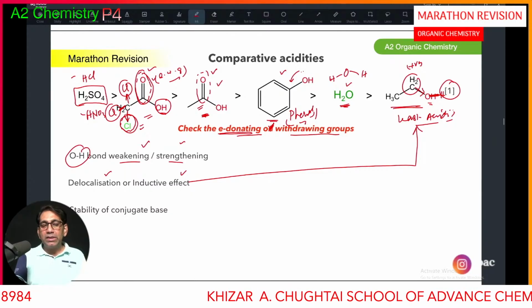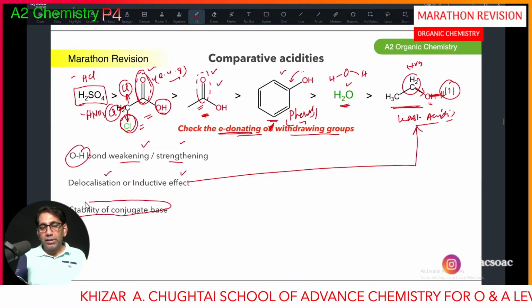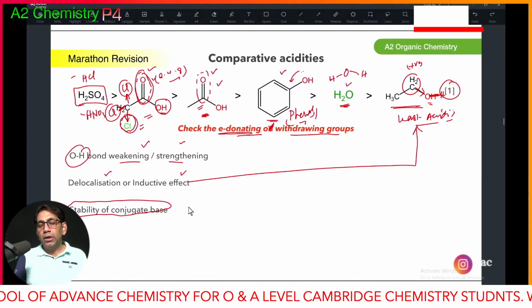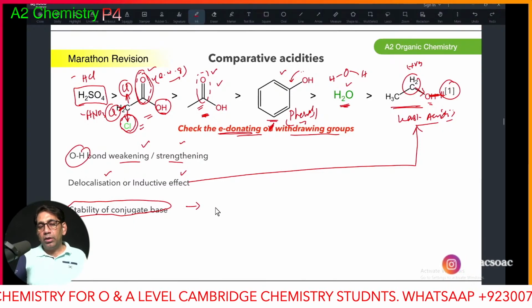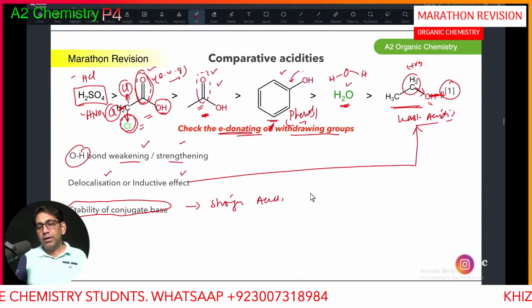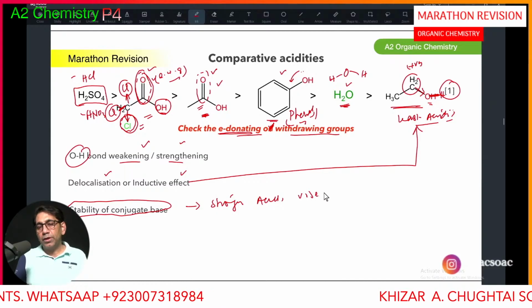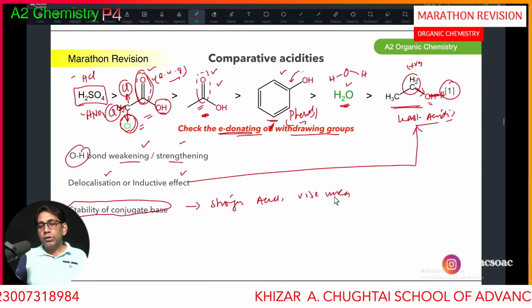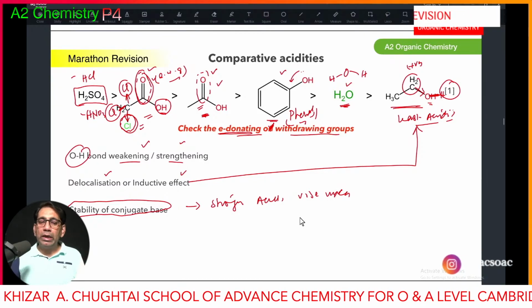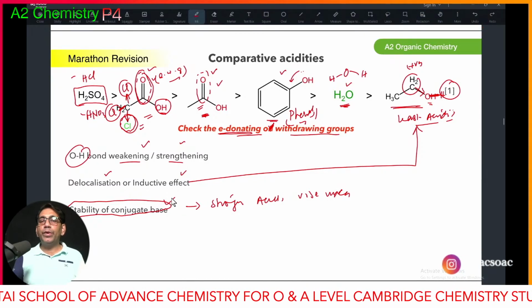And the last one is the stability of the conjugate base. I mean, the more stable the conjugate base, the stronger the acid, and vice versa. So basically, if the acid is stronger, its conjugate base will be stable.